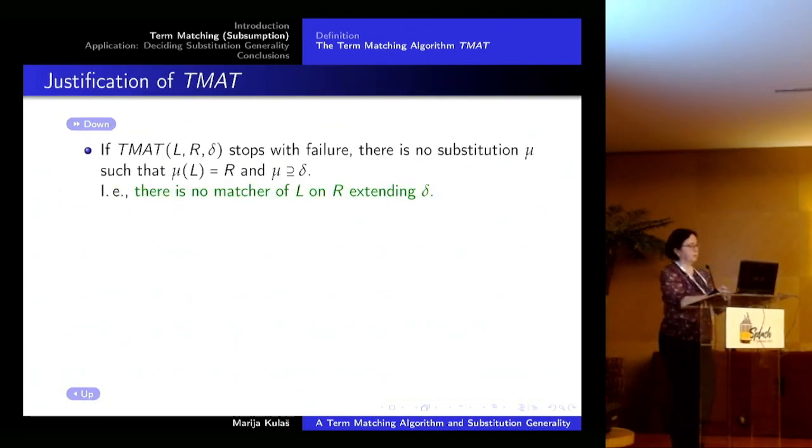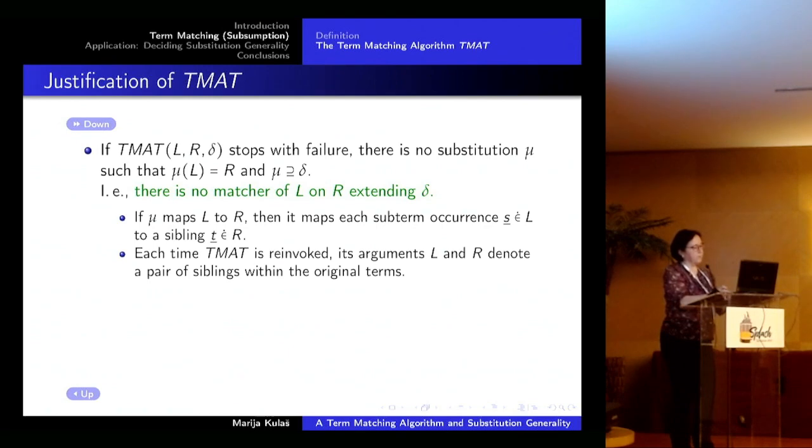Justification of this algorithm would be in 2 parts. If it stops with failure, there is no match of L and R extending delta. And it is based on 2 observations. If a function maps L to R, then it maps each subterm occurrence from L to a sibling in R. In my paper, I've put a compact visual definition of what a subterm occurrence is, and what it is to be a sibling.